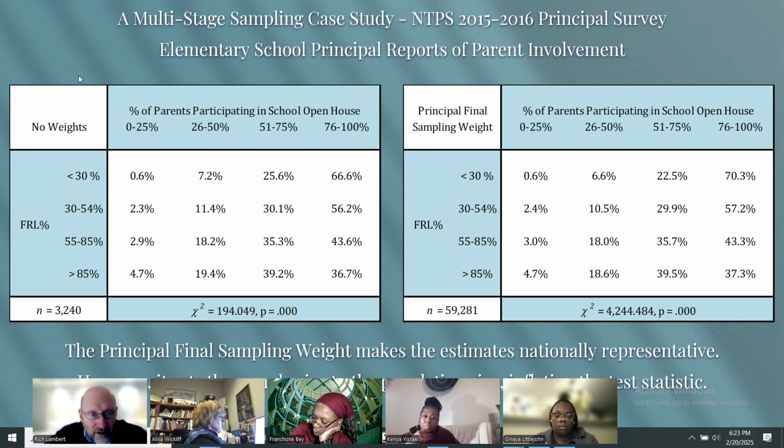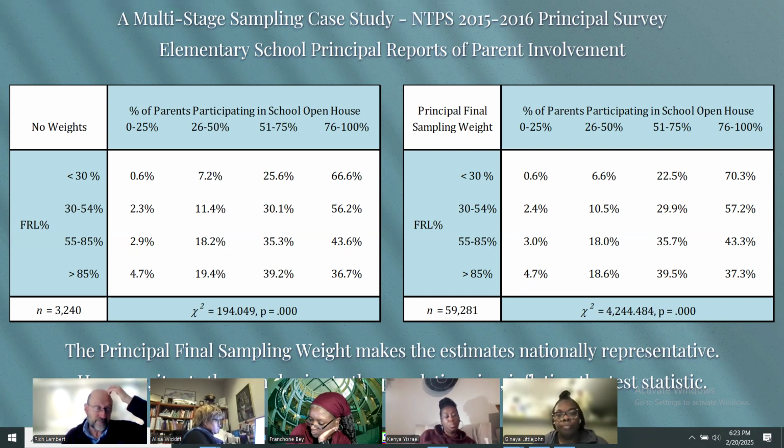All right. The panel on the left here, let's break this down for a second. This is with no weights. And there are 3,240 principals who lead elementary schools that responded to this survey. One of the questions they're asked is, what percentage of children in your school qualify for free or reduced lunch? And it's in these categories: less than 30%, 30 to 54, 55 to 85, and greater than 85.